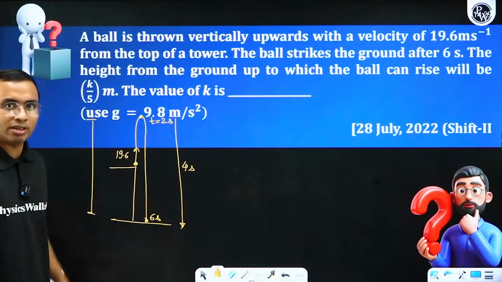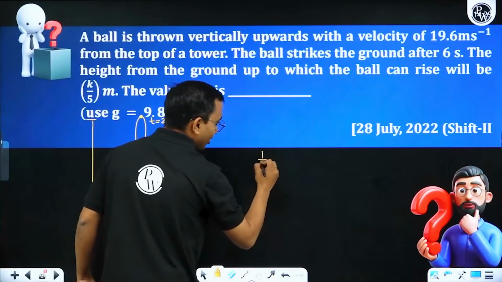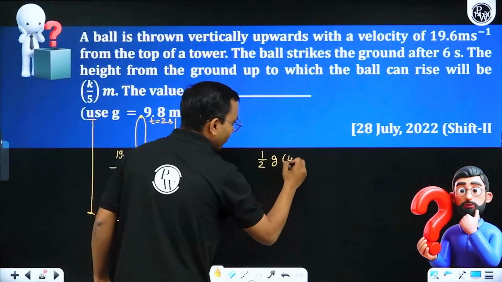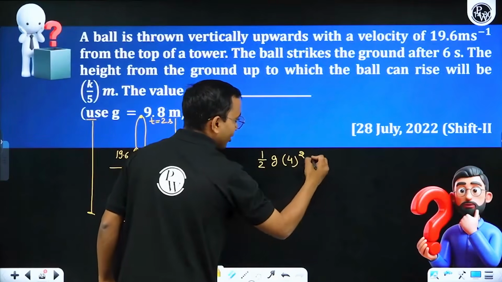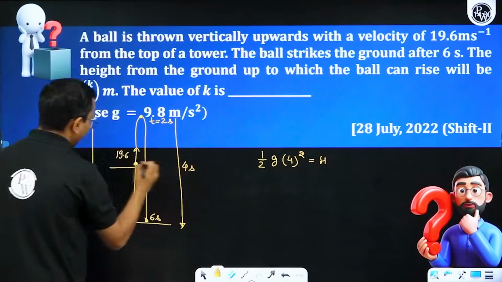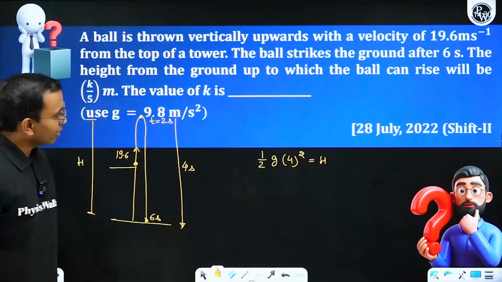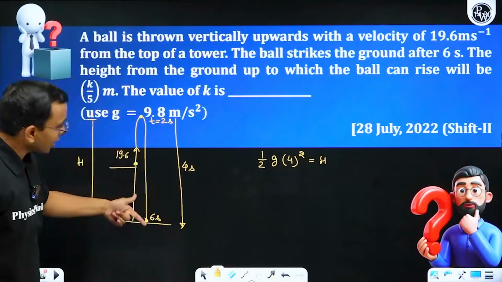How much distance will it cover to reach the ground? So you can just write half g into 4 squared. This becomes my total height h. This total height I'm considering as h. Getting it? I got 4 seconds it will take to fall.